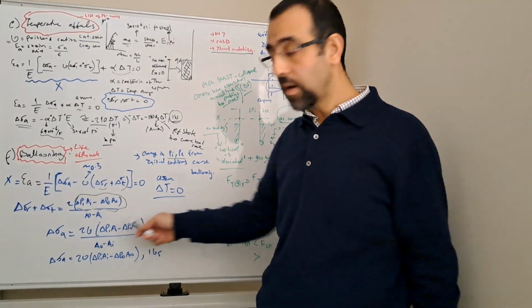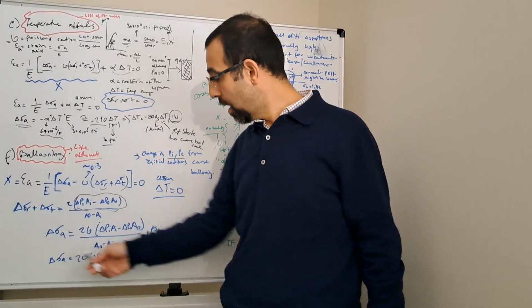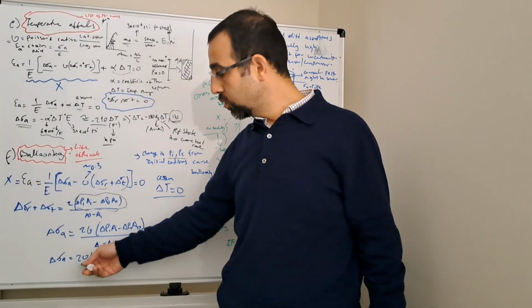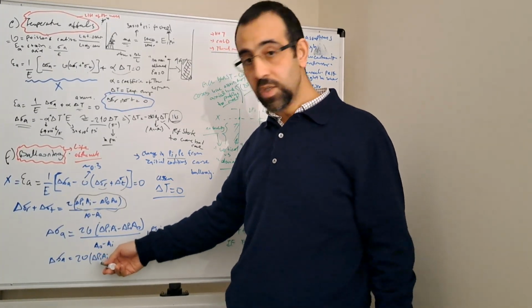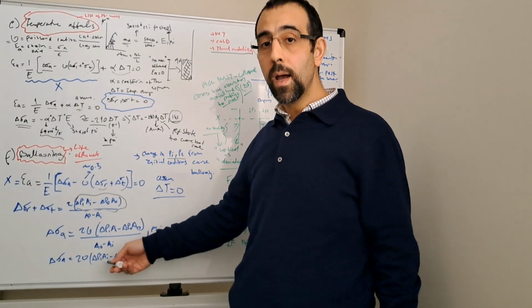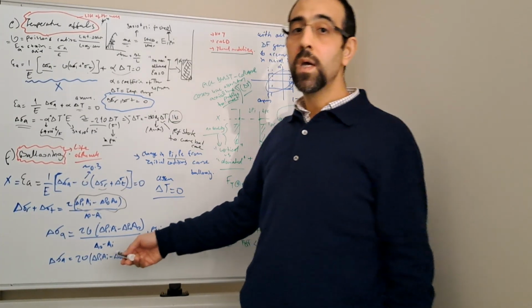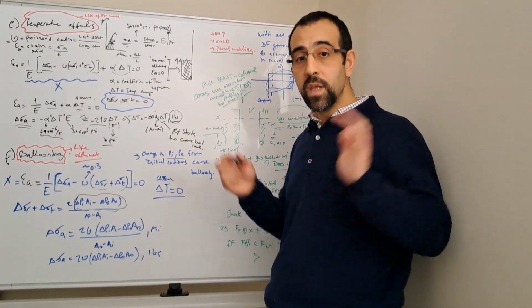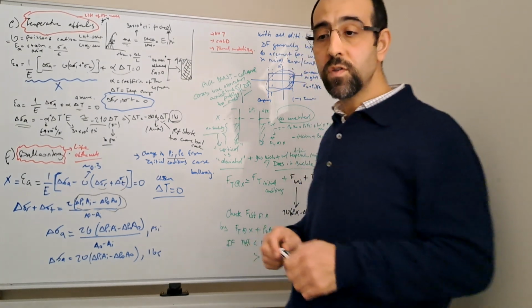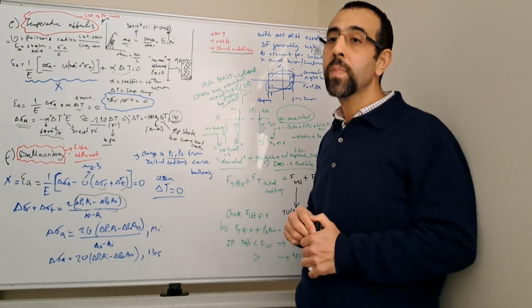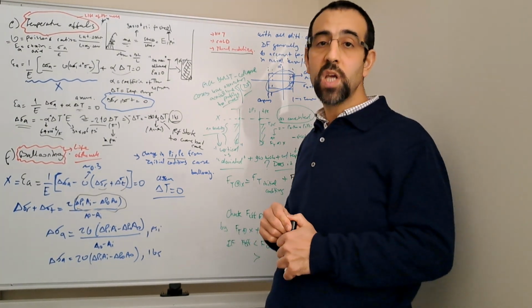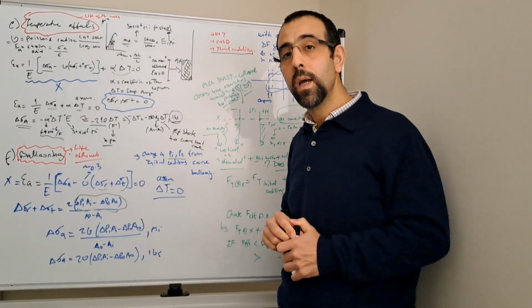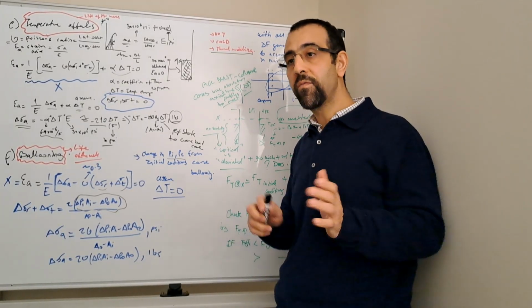The cross sections cancel each other, and we end up in pounds with 2 times the Poisson ratio times the change in the internal pressure times the inner area minus the change in the outer pressure times the outer area. This gives us the ballooning force, or force due to the ballooning, due to the change in the internal and the external pressure from the reference state.